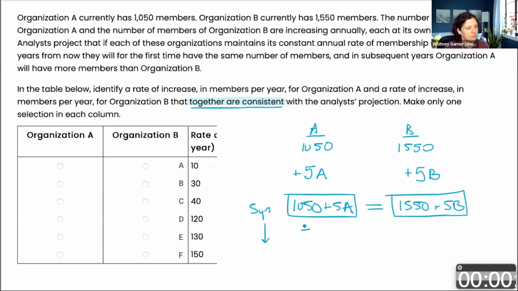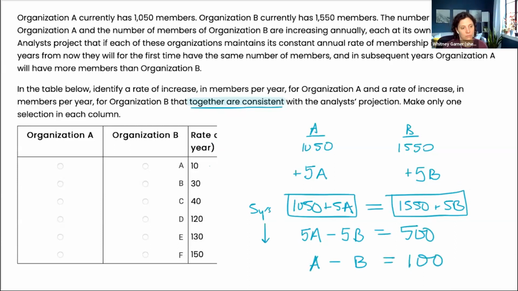So we'll take 5A on the left, and subtract 5B. On the right, I'll take my 1050 and subtract it. Here's my 500. And I'm going to divide everything by 5. So here's what I know. I know that A minus B is 100.